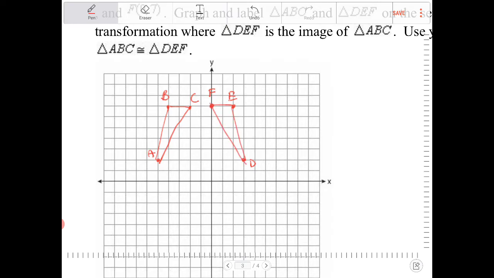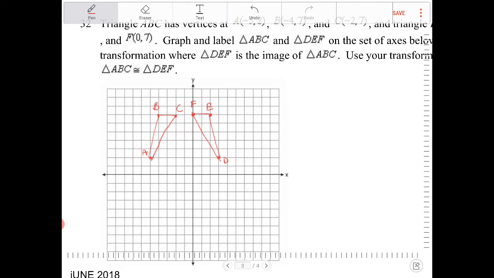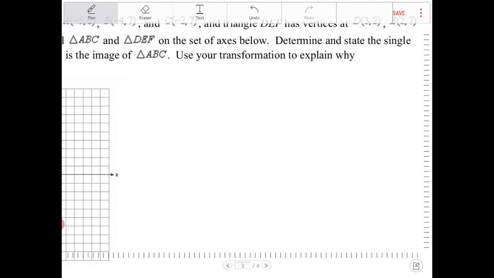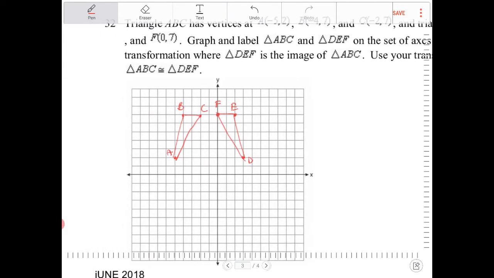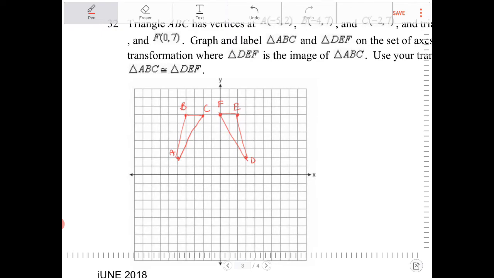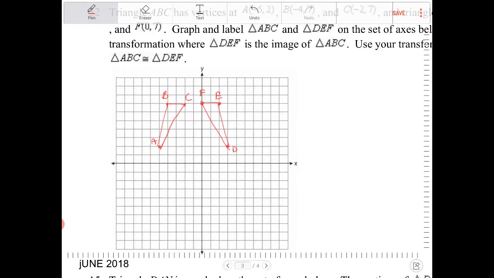So that's DEF. So it says determine and state the single transformation where DEF is the image of ABC. So I would say that this would be a reflection over x is equal to negative 1.